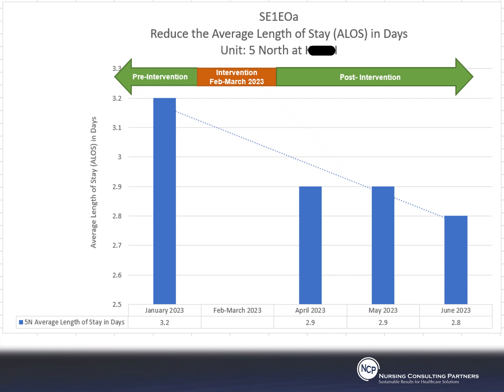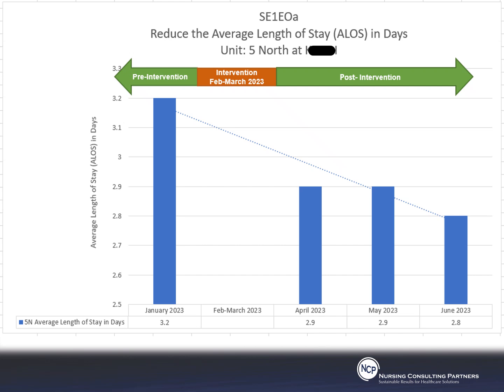I'm going to show you some variations on that. There's no real prescription for that, except they have to be labeled. Again, I'll show you a couple of ways that people do it. And then in the y-axis, we look to make sure there's sequential data that matches your goal. So you'll see in the labeling, it's the 5 north average length of stay in days.